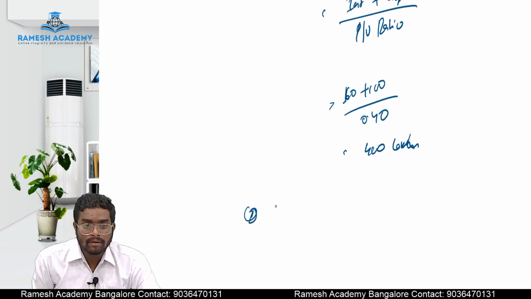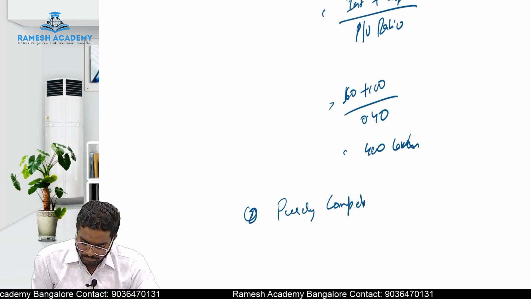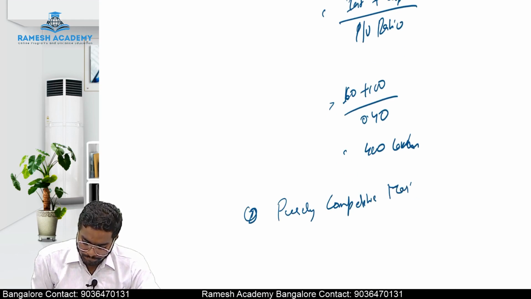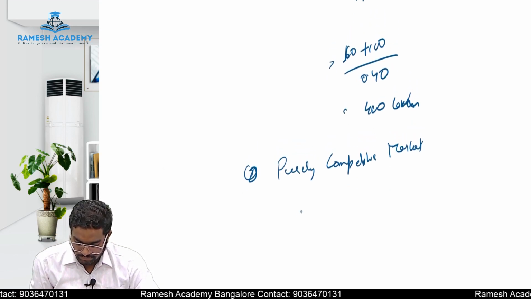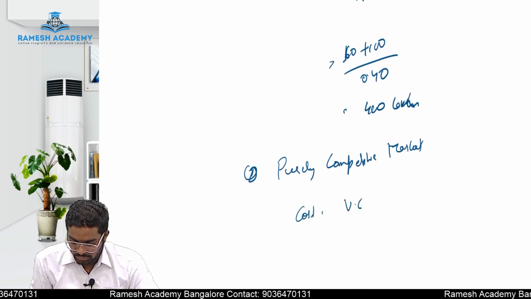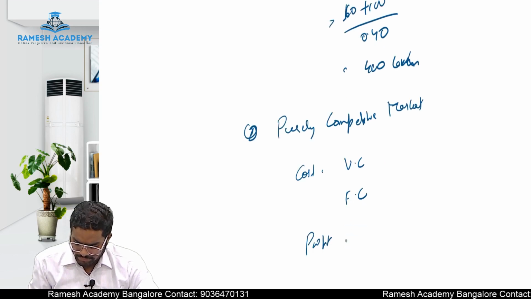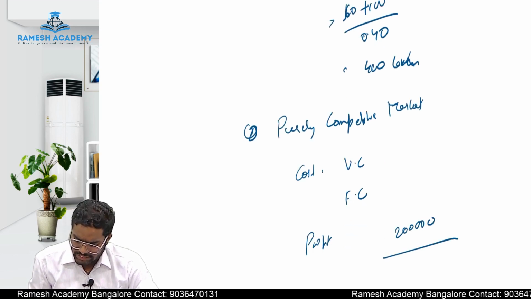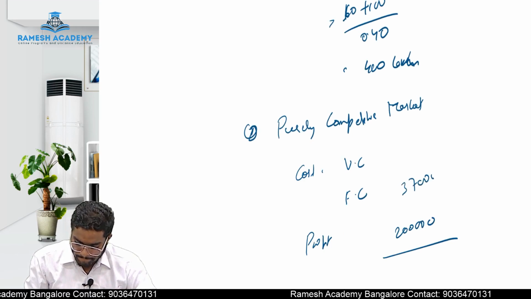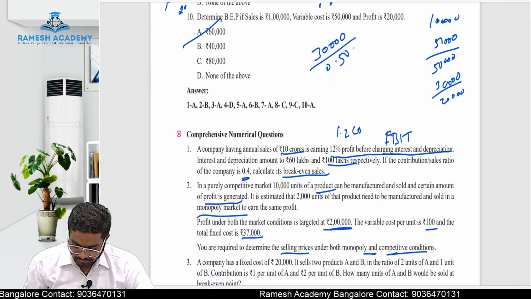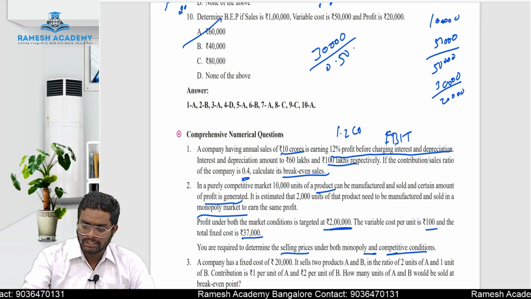First I will be working on the purely competitive market. To calculate sales, first I should have the cost. So cost is two things here. One is fixed cost, one is variable cost. Then I'll add the profit. So profit is 2 lakh in either case. They have told that at the beginning only. Fixed cost is 37,000. Now the variable cost is 100 per unit and we have to sell 10,000 units.